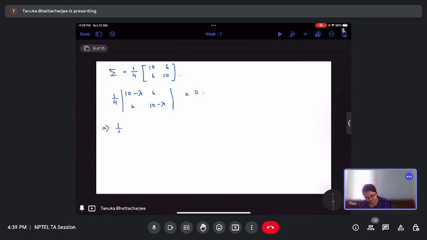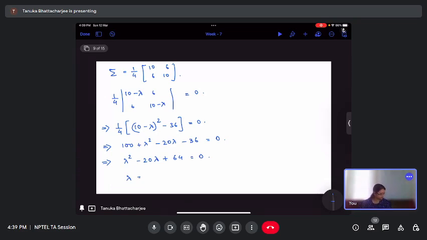So it will become... Can any of you compute this and tell me the values of lambda? 16 and 4.